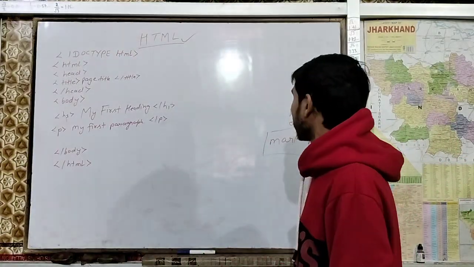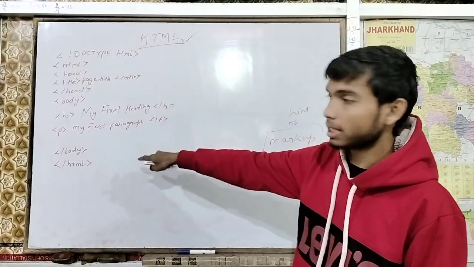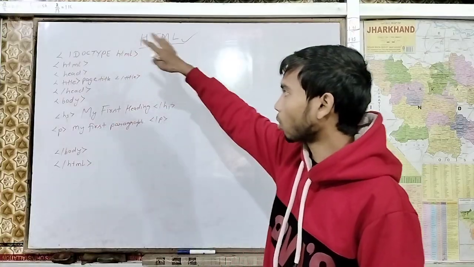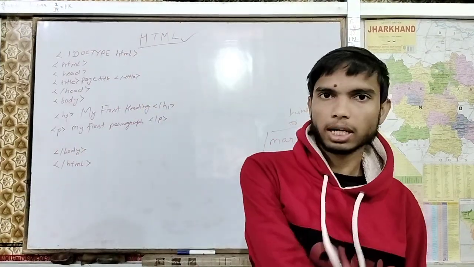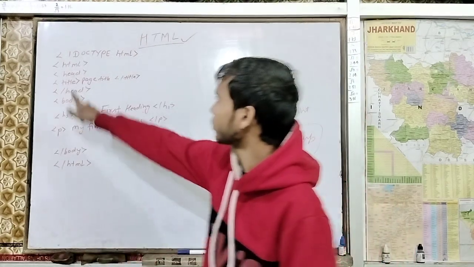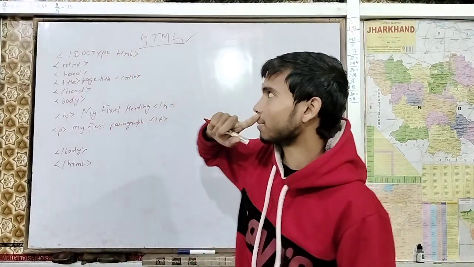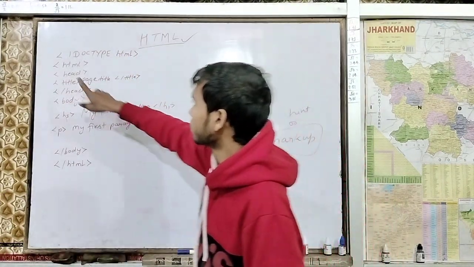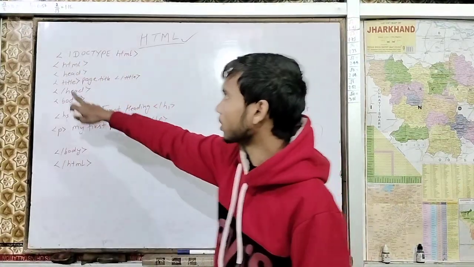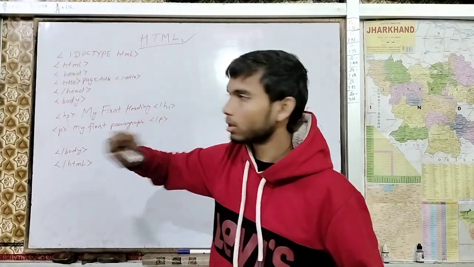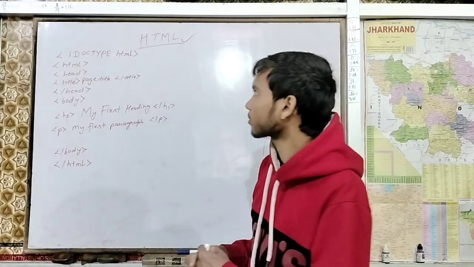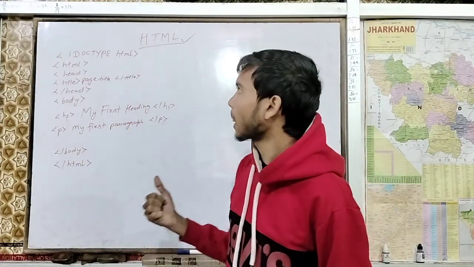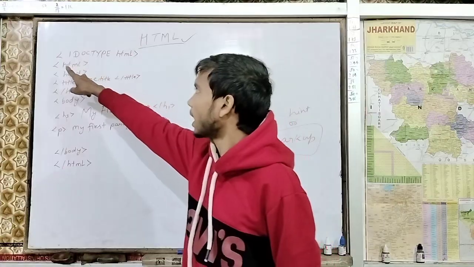Now, below this HTML, as you can see, these are tags. Note all this. First look at this first line, which has this open and this close symbol. Here, apply this open symbol, the less than symbol.